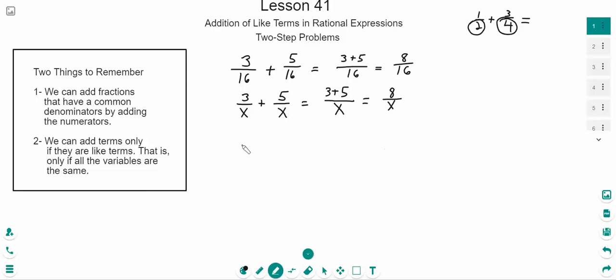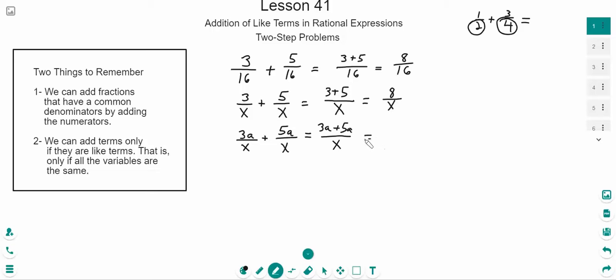Okay, let's try another one. What if we've got 3a over x plus 5a over x? Can I add these? Well, sure. The denominators are the same, so it's all going to be over the same denominator. And now I can add the numerators, 3a plus 5a.